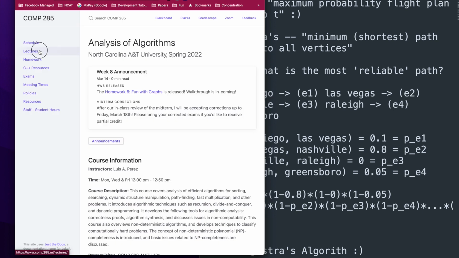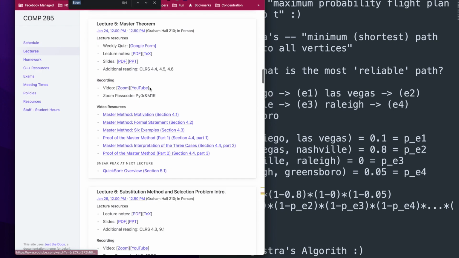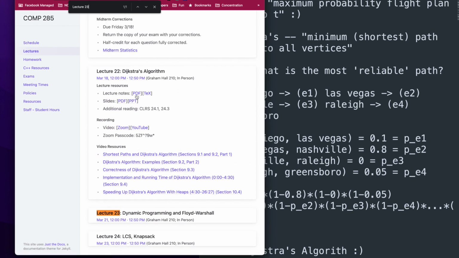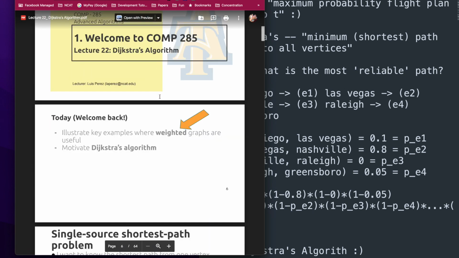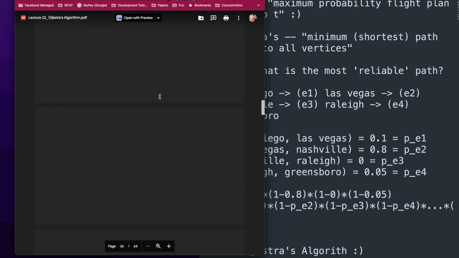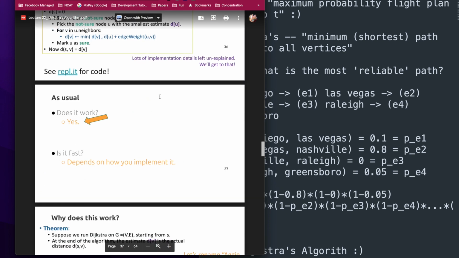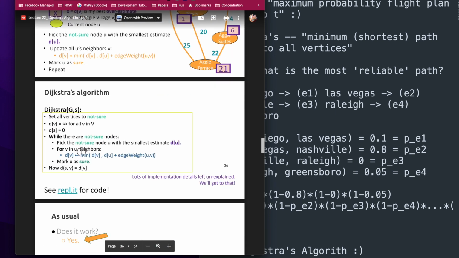So let's open up, again, I believe lecture 23, actually lecture 22. If we open up the slides here, we'll see Dijkstra's algorithm, and we can scroll down to the pseudocode. That might be the easiest thing to consider, which is here.